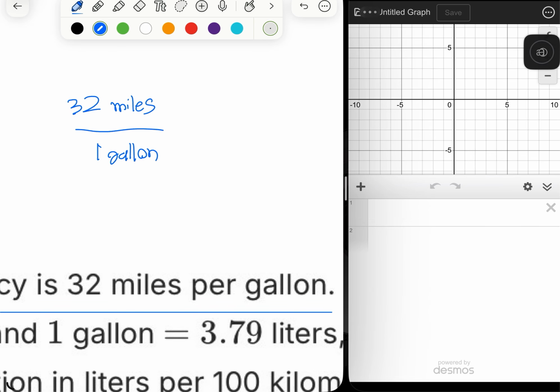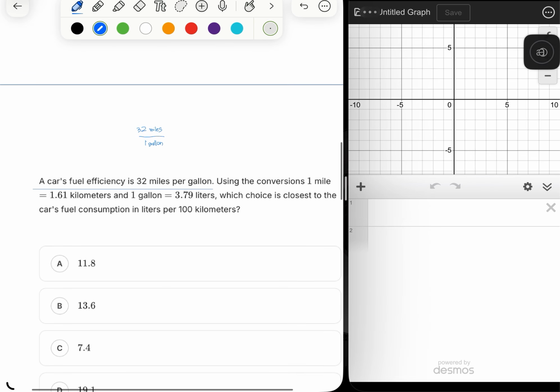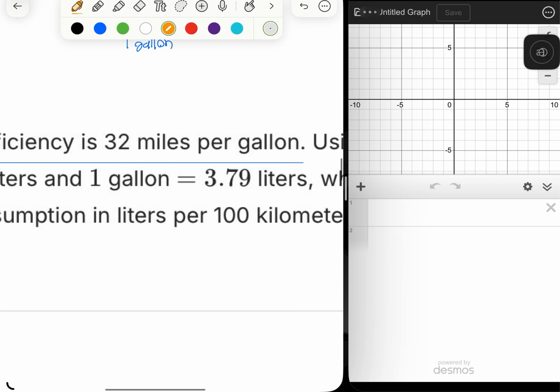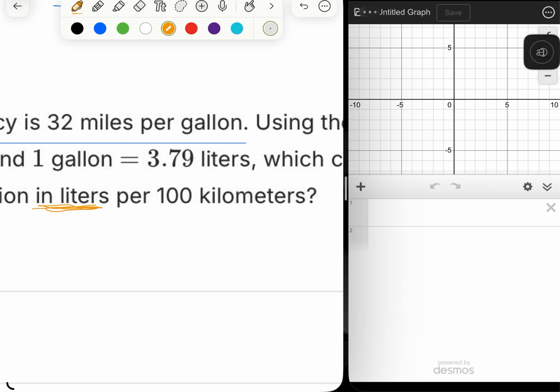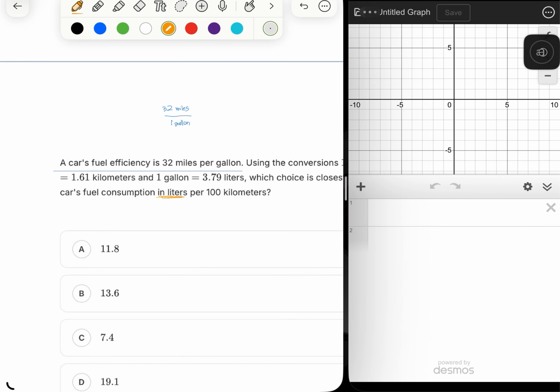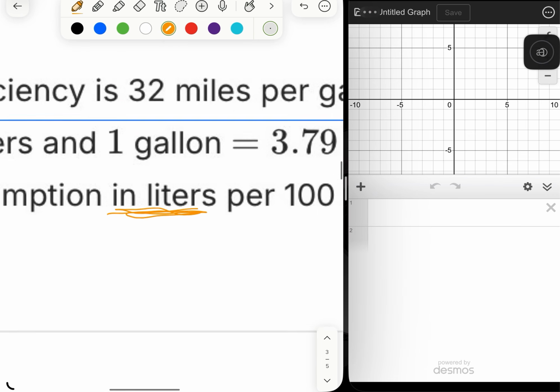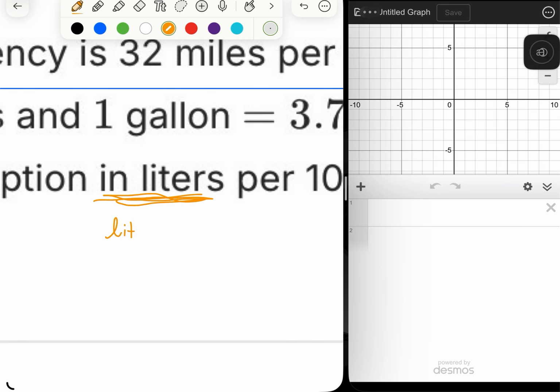And look at the end. What are they asking us? They're asking us to find the car's fuel consumption in liters per 100 kilometers. So we know that the unit has to be liters, because it tells us.